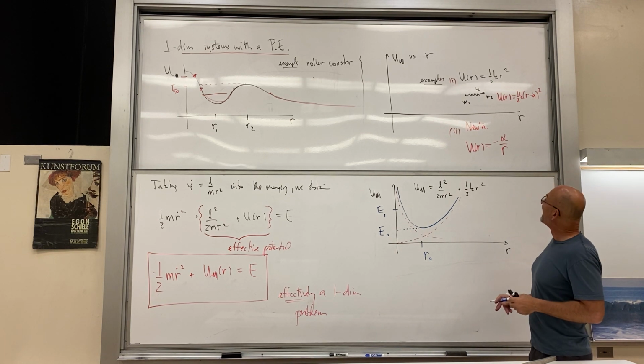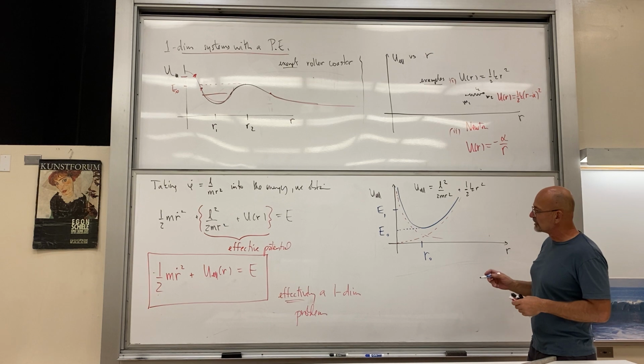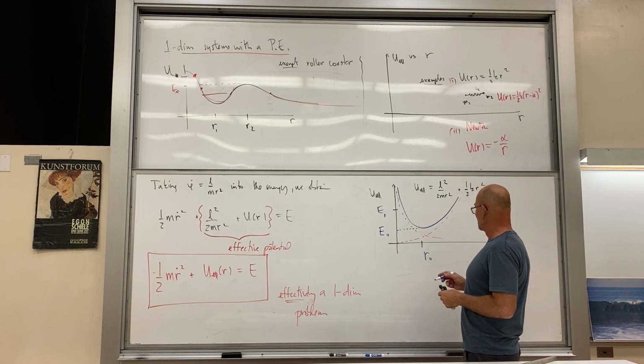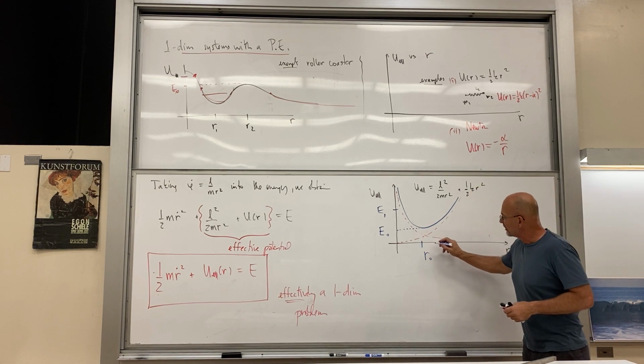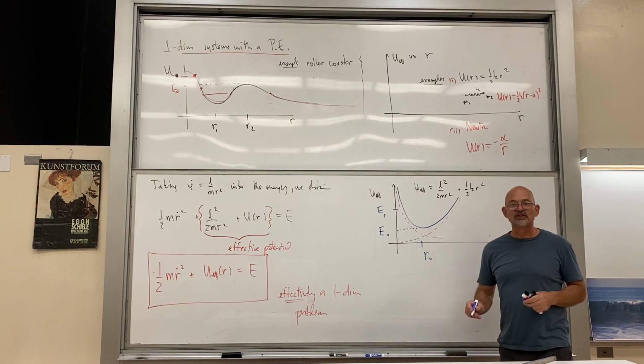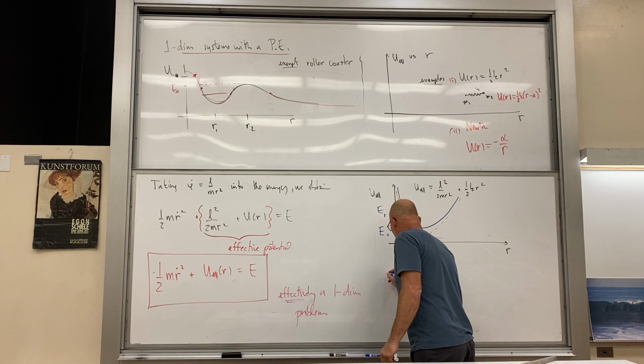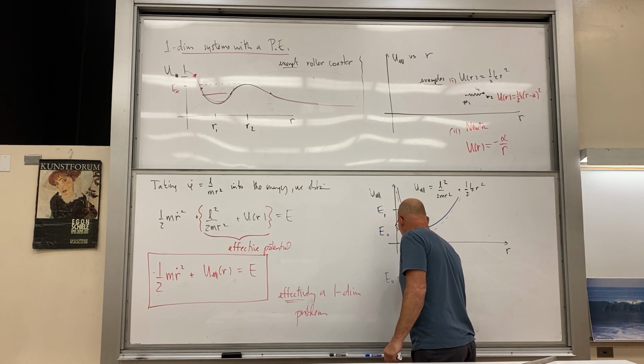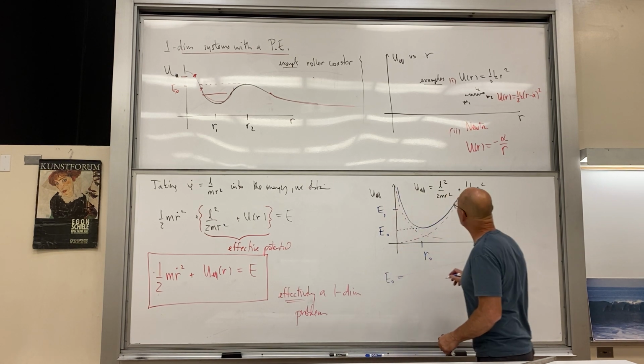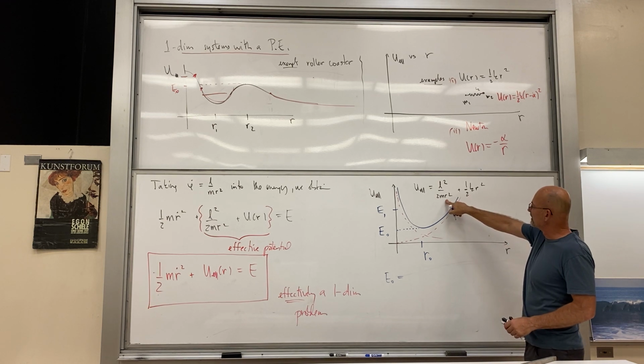In our problem, though, we have that angular momentum. So what this represents is actually a circular orbit. So E sub 0 is equal to the minimum energy available in this thing.